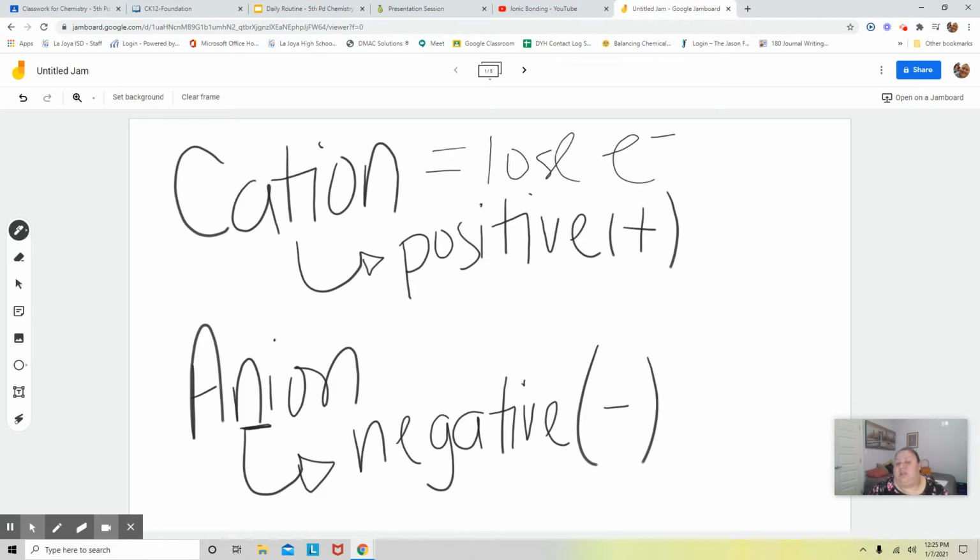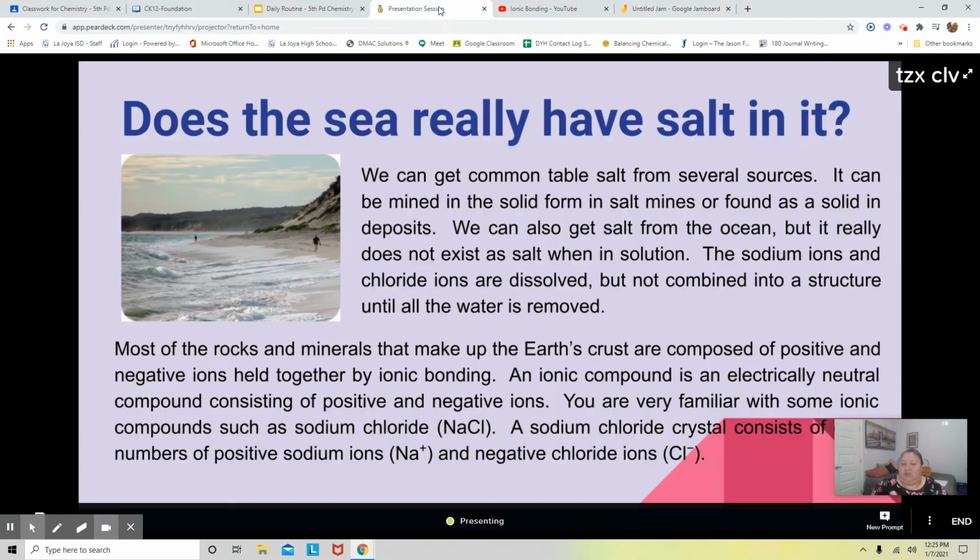And when they lose electrons, they get what's known as a positive charge. And a reminder that anions do the opposite of a cation. They gain the lost electrons from these cations. And anytime an element does this, you get a negatively charged anion. Okay, so make sure you keep that in mind because it will come up.